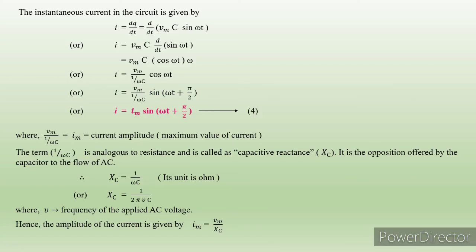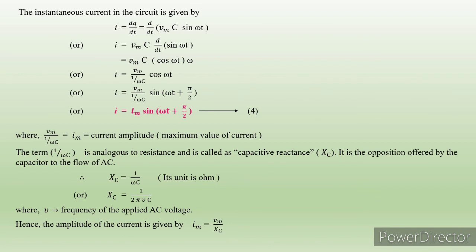The instantaneous current in the circuit is given by I equal to dq by dt, that is equal to d by dt of Vm into C sin omega t, or I equal to Vm into C into d by dt of sin omega t, that is equal to Vm into C into cos omega t into omega, or I equal to Vm divided by 1 by omega C into cos omega t, or I equal to Vm divided by 1 by omega C into sin(omega t plus pi by 2), because cos omega t is equal to sin(pi by 2 plus omega t), that is also equal to sin(omega t plus pi by 2), or I equal to Im sin(omega t plus pi by 2).